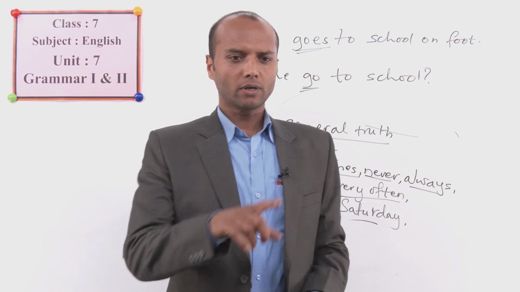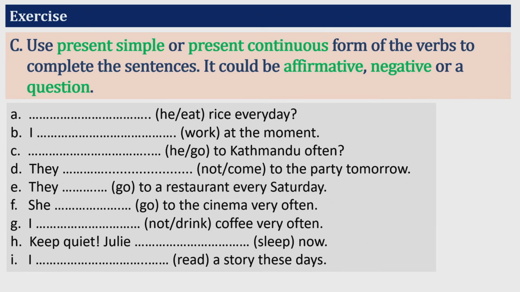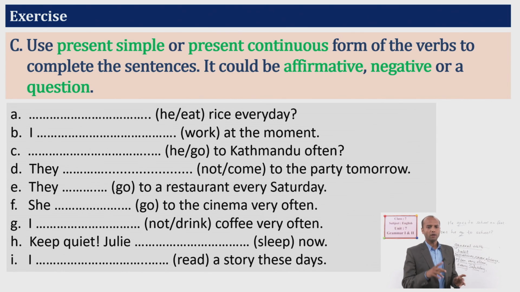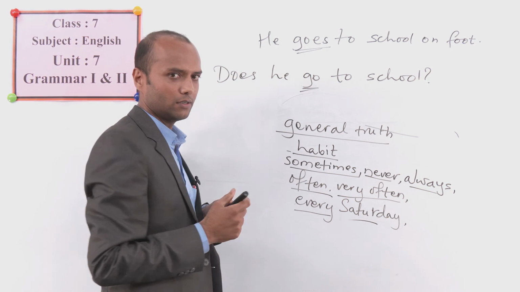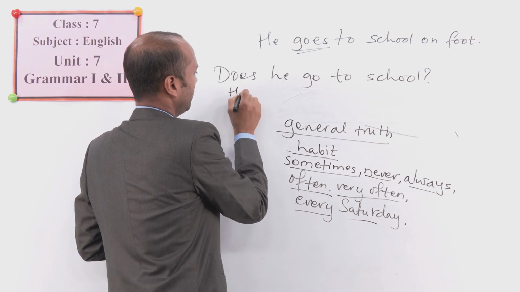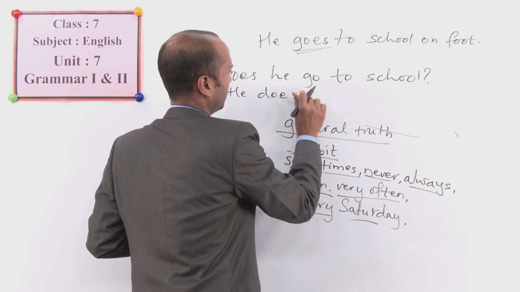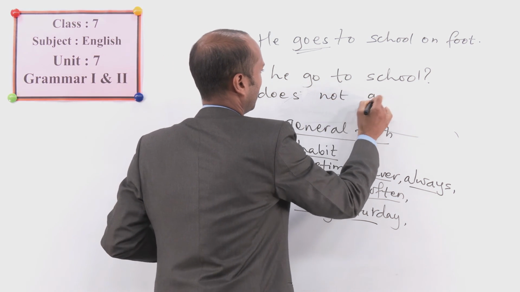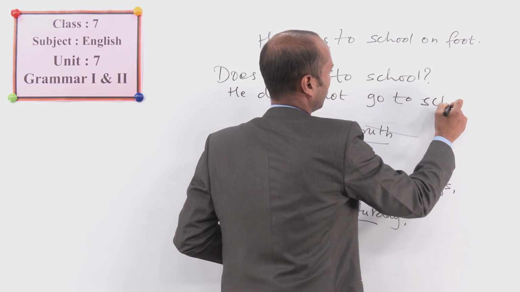Now you have to complete these sentences with suitable form of the verb given there. Subjects are also given there. Your sentence might be affirmative. Affirmative means this sentence has no not. So, he does not go to school.